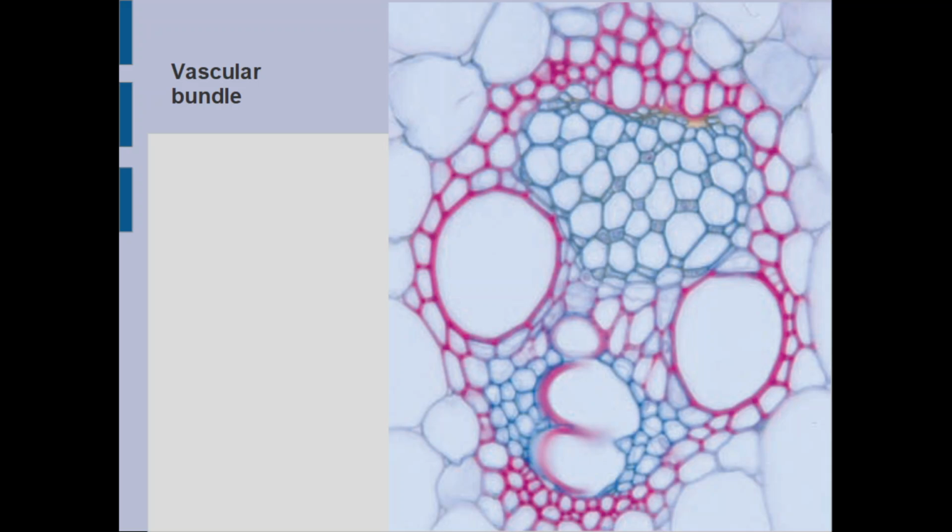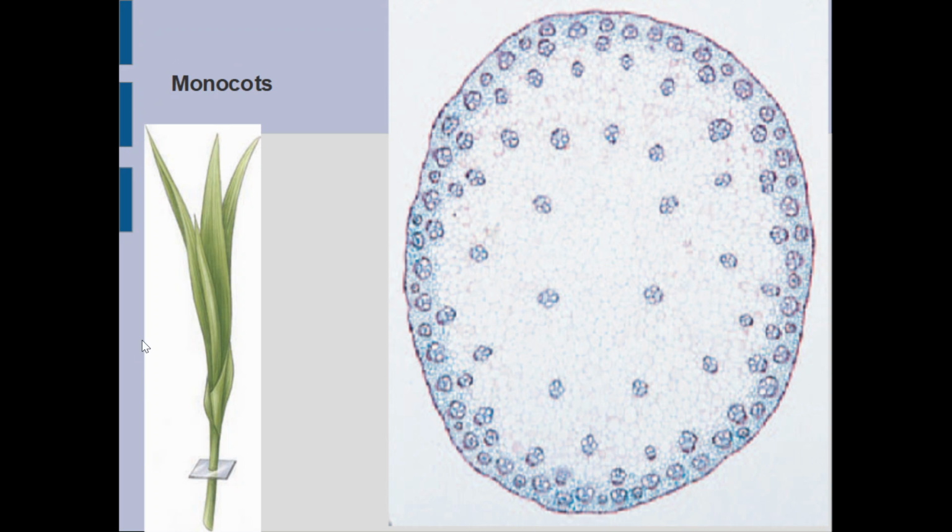So this is actually the tissue of Zea mays, that is very common in agriculture.